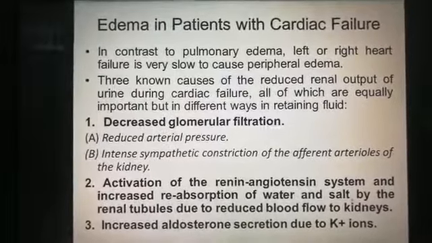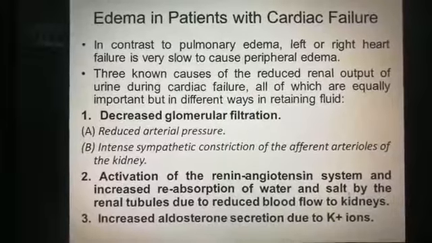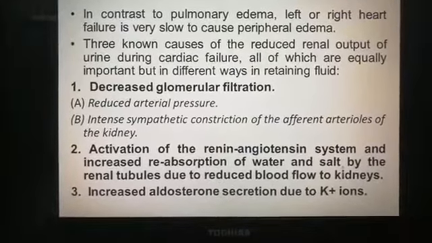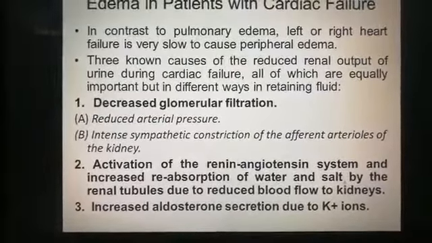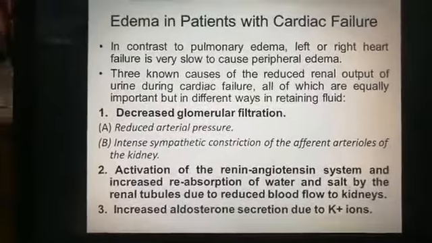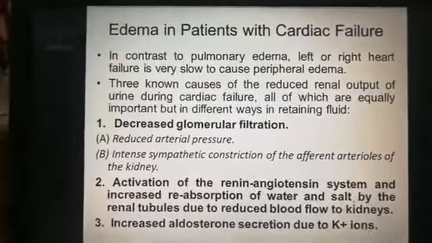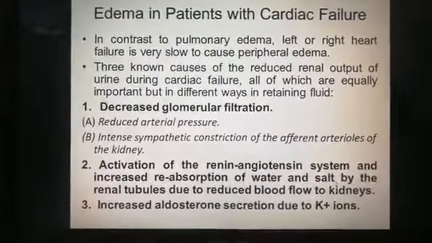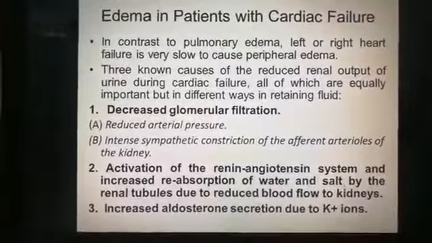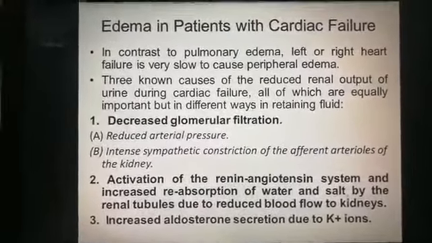And second is activation of the renin-angiotensin system and increased reabsorption of water and salt by the renal tubules due to reduced blood flow to the kidneys. And third is increased aldosterone secretion. So these are the three effects which can retain fluid in the body when there is cardiac failure.